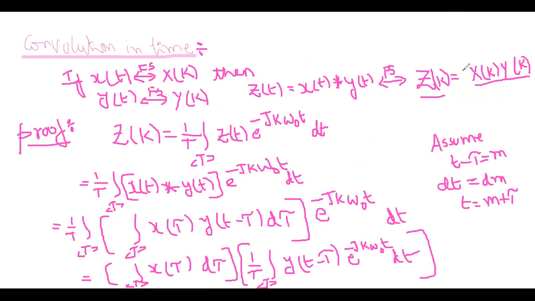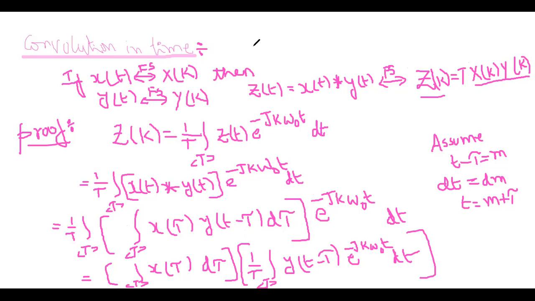You have to prove that T into x of k, y of k. There is no 1 by T in the convolution formula. X of t convolved with y of t is only the integral over T of x of tau, y of t minus tau d tau. And this T, you can multiply here with the 1 by T.